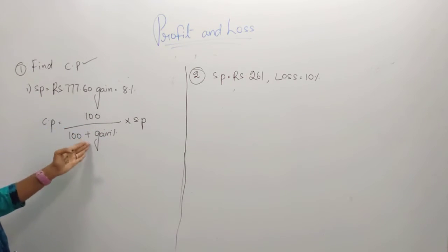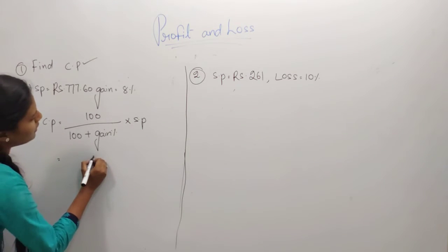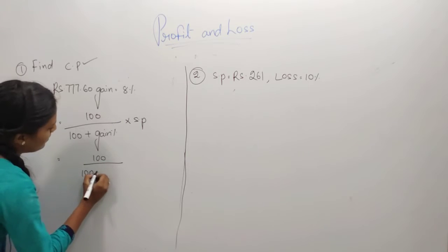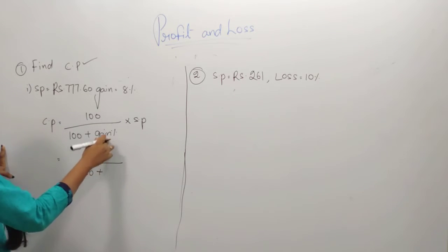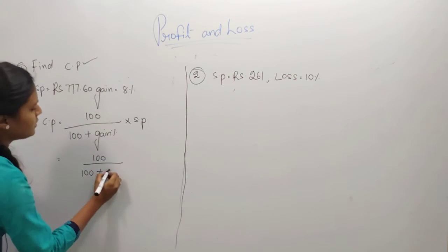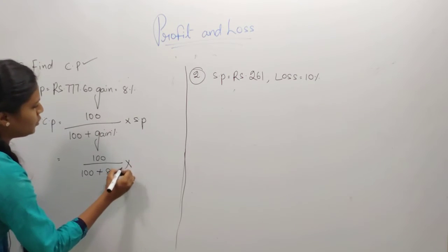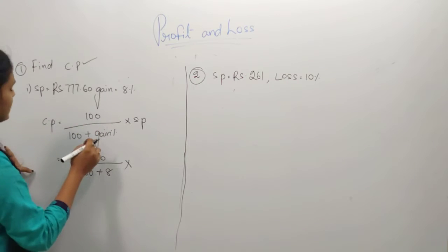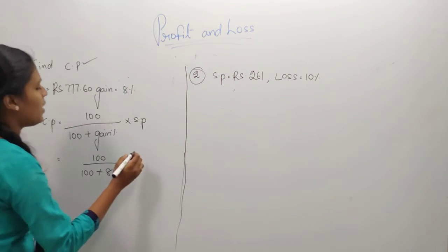Now we can substitute it directly. What will we do? 100 by 100 plus gain percent, how much is given, 8, into selling price, how much is given, 777.60.